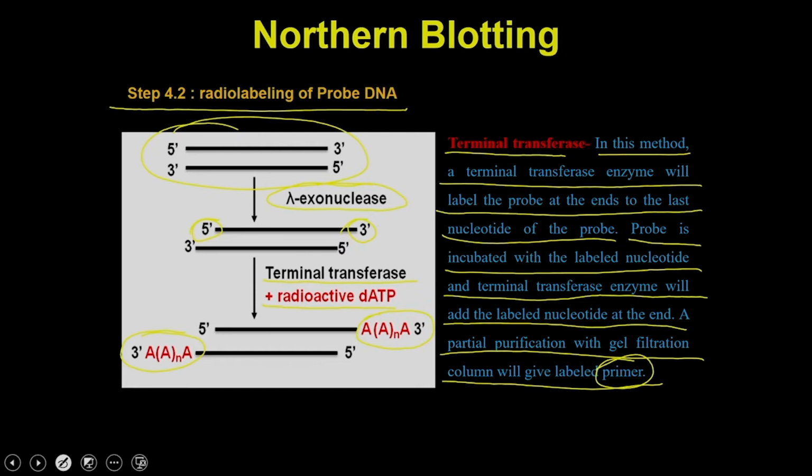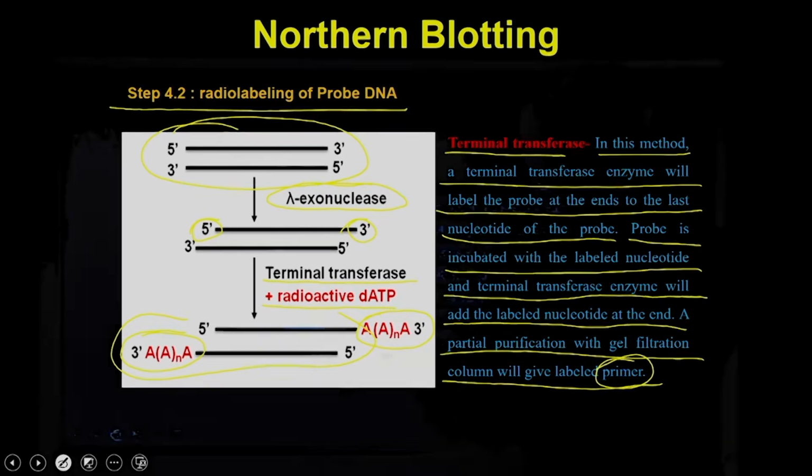Now, what you can do is simply run a gel filtration column. In this particular reaction, the DNA is of big size, whereas all other things are also going to be present: you are going to have the terminal transferase, the non-reacted ATP, and you are also going to have the unlabeled probe as well.